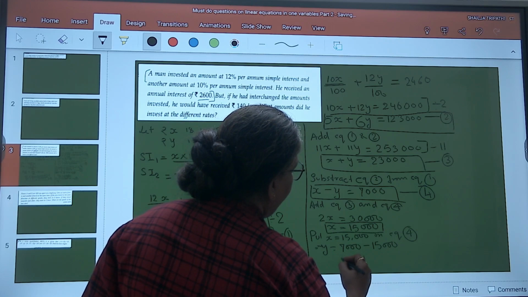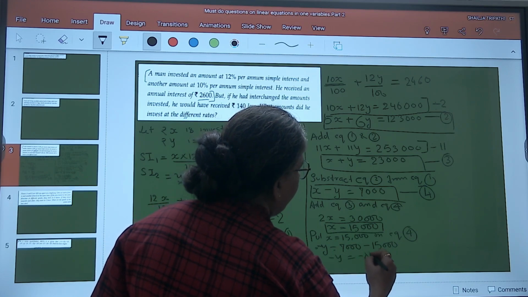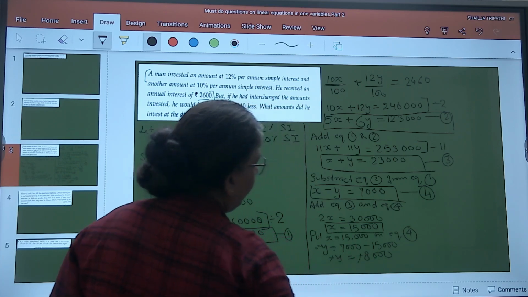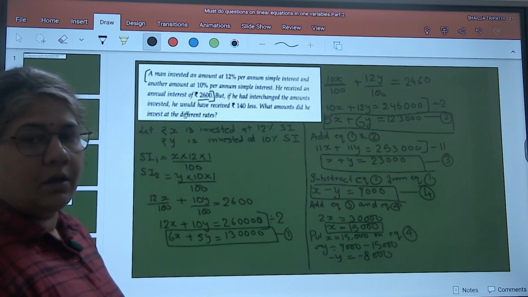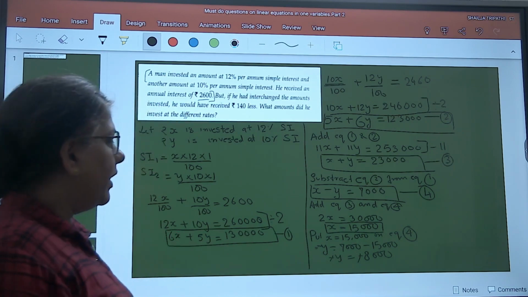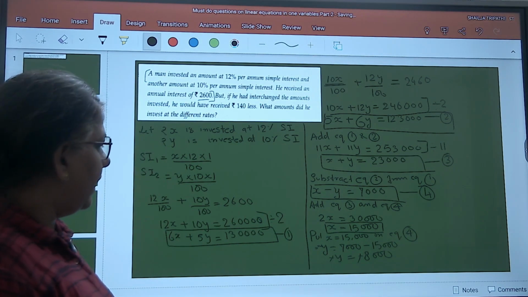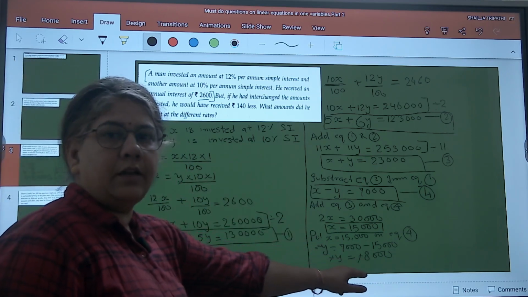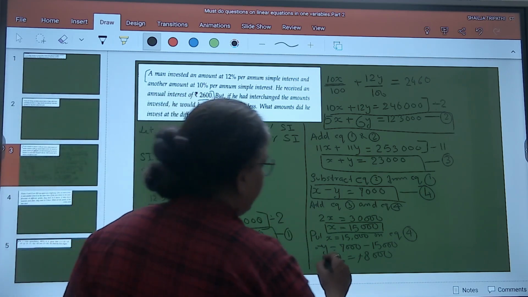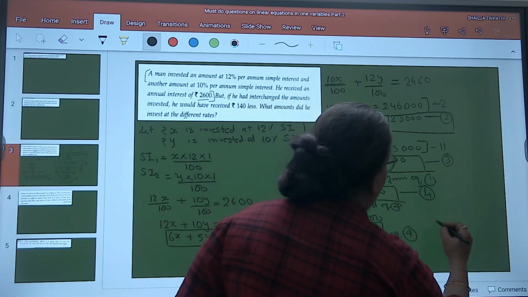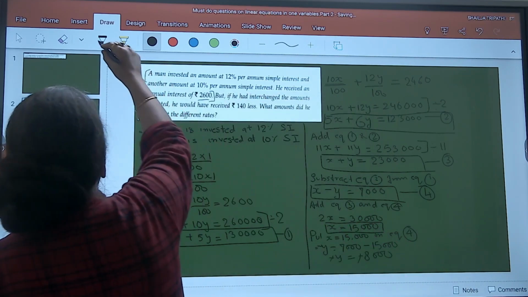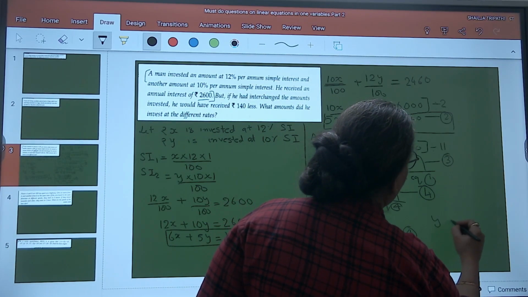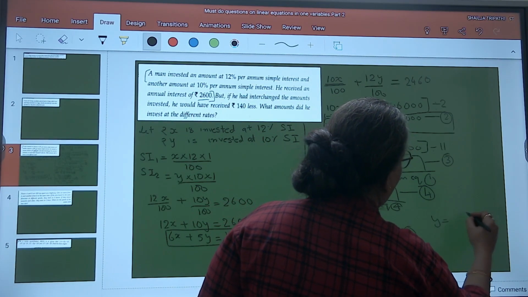So minus y is equal to minus 8,000. Cancel out the minus sign and you get y is equal to 8,000. So the amount invested at 10% is 8,000 and the amount invested at 12% is 7,000. So this is the answer.